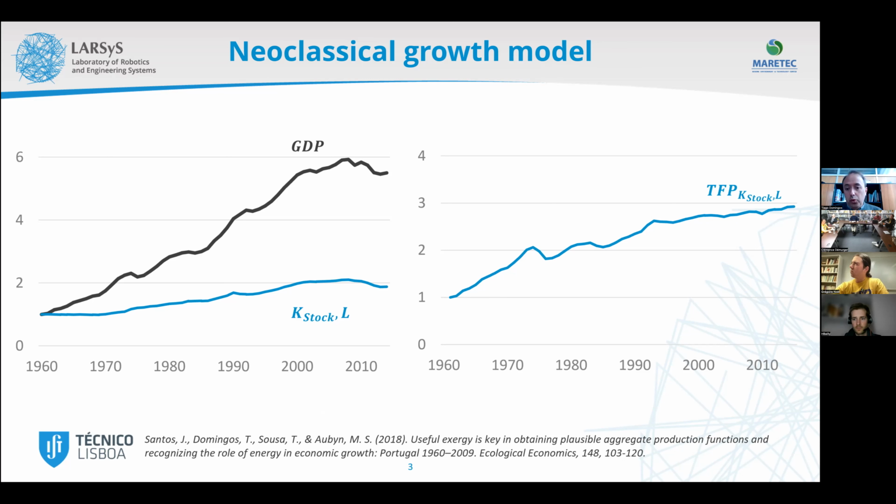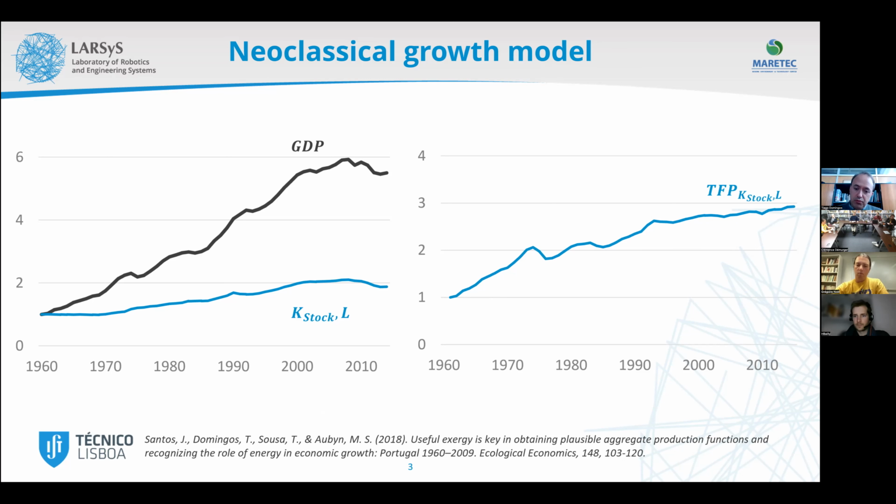And what you can observe in the case of total factor productivity is that it increased fast in the first 15 years of our story here. Then it kept on increasing, but slower in the 80s and 90s. And then from 1995 onwards, it has been basically stagnant.